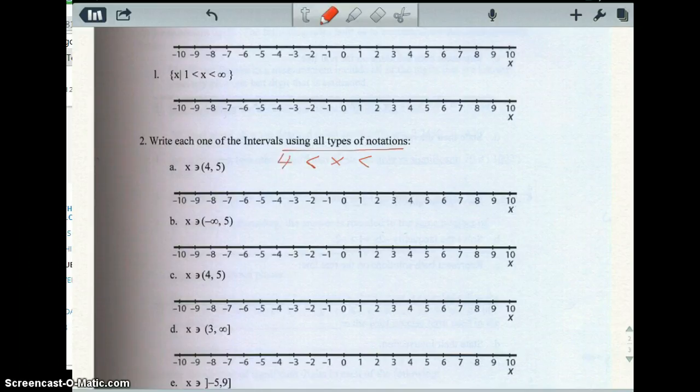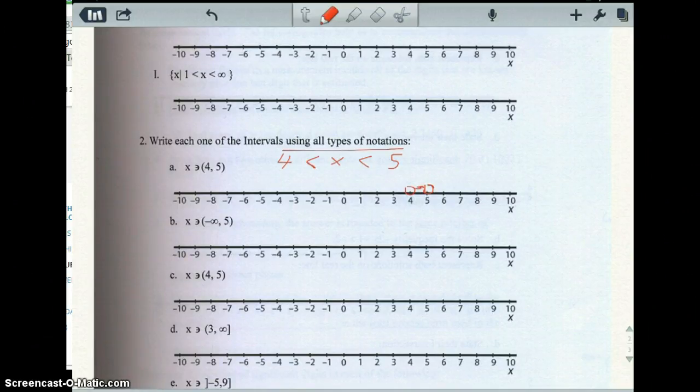If 4 is not included, we put less than and not less than or equal to. Okay? So x is between 4 and 5, and they're both round parentheses, so we do not put less than or equal to, we just put less than. Okay? Then we circle 4, and we circle 5, and we connect in between. Okay? And we don't color the circles in because 4 and 5 are not included.